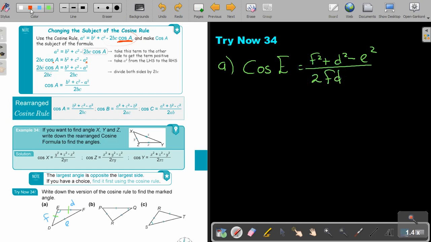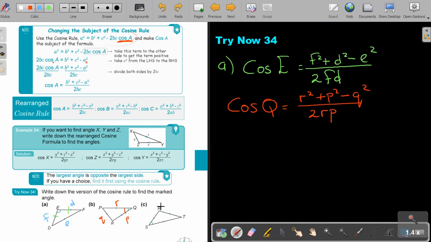And then this one, let's write it again. So this is q, this is p, this is r. That's the one I gave you. So what is it going to be? It's going to be cos of q, the 2 around, r squared plus p squared minus q squared, divided by 2rp.